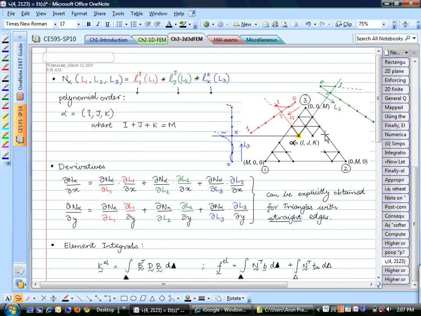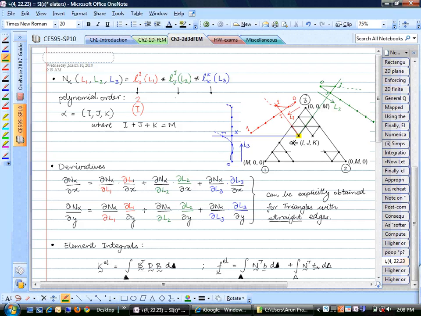This I goes from 0, 1, 2, so I is equal to 2. So what is the polynomial order of this curve? Quadratic. So this is polynomial order 2, and in general, if it is I, then it would be I.